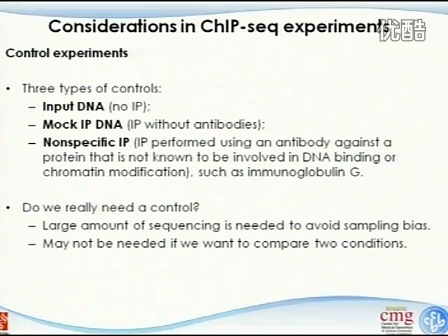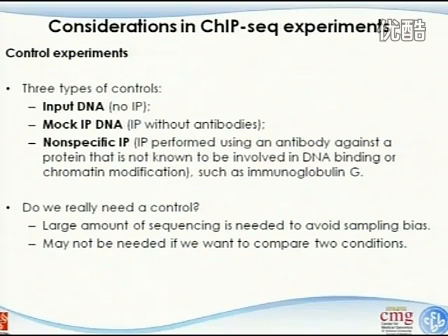Another argument they have is you may not need those controls if you want to compare 2 conditions. If you say that I want to have one condition, MCF7 cells, breast cancer cells, before and after treating with estrogen, and what the estrogen receptor binding sites look like. At this stage, you probably don't really need this type of control. Just compare the peaks you identified from both 2 conditions and see whether there's a difference. So that will work as well.